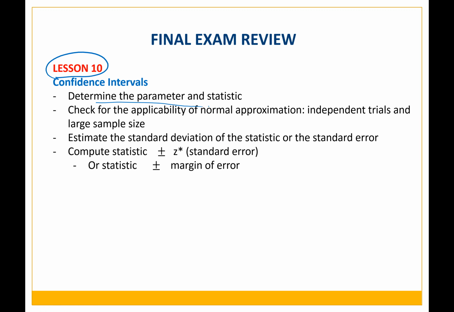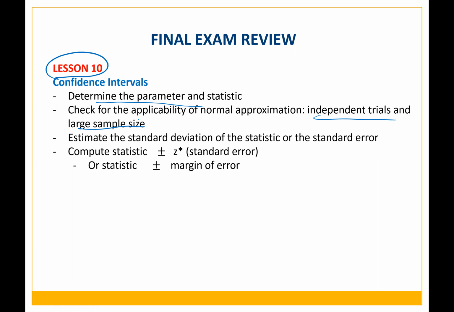To find the confidence interval using Z star as the multiplier, we need the problem to be approximately normal. In other words, we need the distribution to be approximately normal, which we need to check for independent trials and large sample size. Then we estimate the standard deviation of the statistic, or the standard error, based on the sample data and the sample standard deviation.